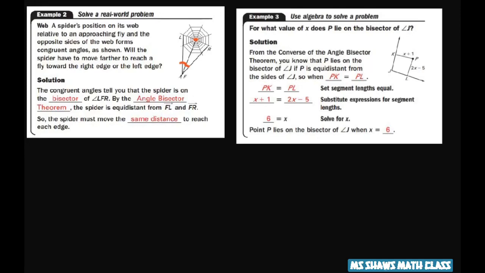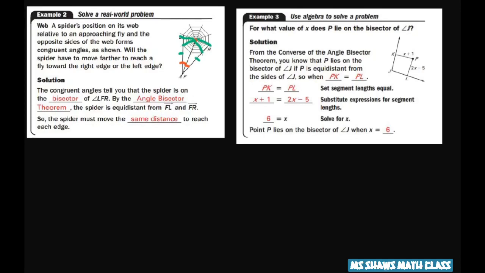And by the angle bisector theorem, the spider's equidistant from here. So the spider must move the same distance to reach each edge. So from here to here, or from here to here, and so forth.